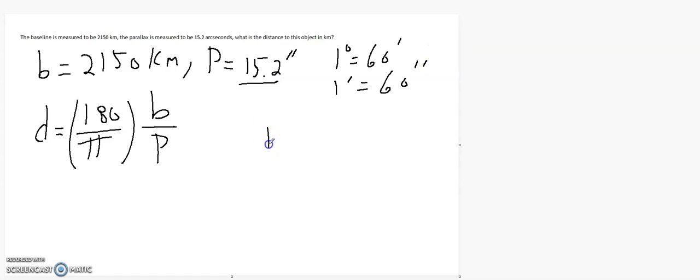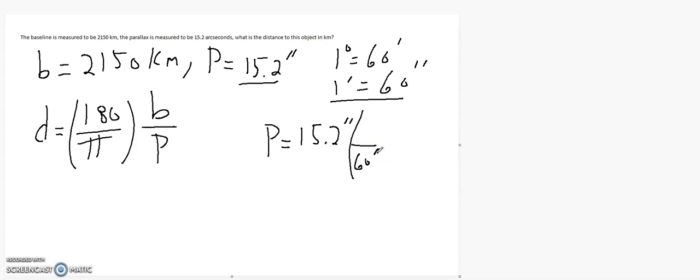So here we go. The parallax is equal to, and of course, we do the same thing that we always do with conversions. We look at our conversion factors, which are these things up here. The first one we're going to use is 60 arc seconds, because the arc seconds have to cancel.